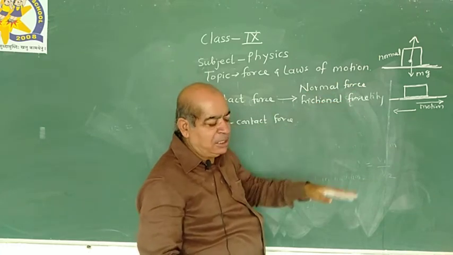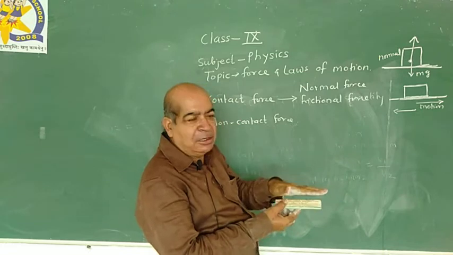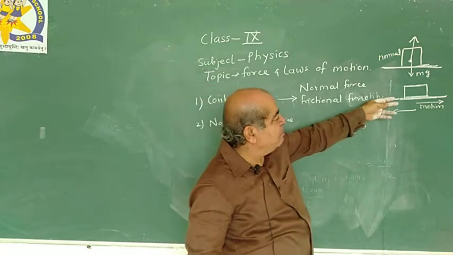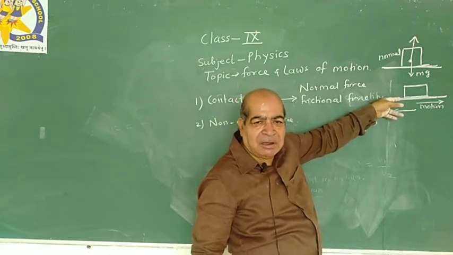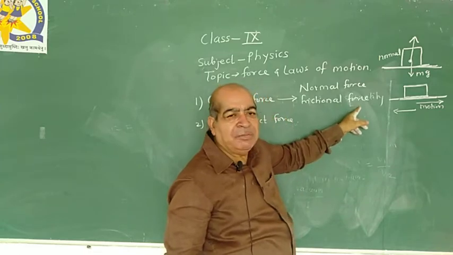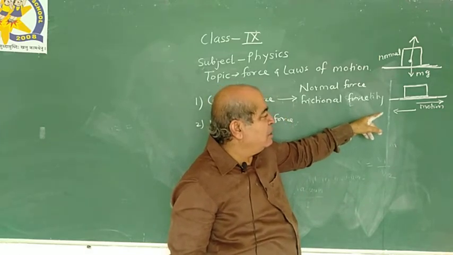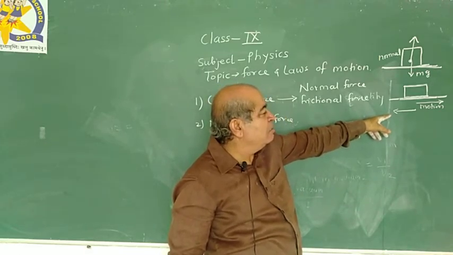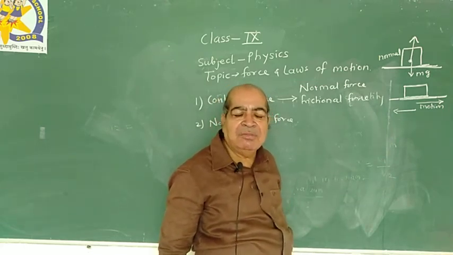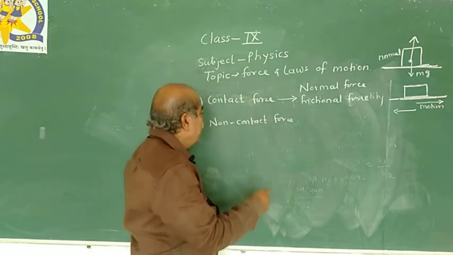When one body is kept on another body, there is friction between the two surfaces in contact. This force is called the frictional force, and the direction of frictional force is always opposite to the direction of the motion of the object.